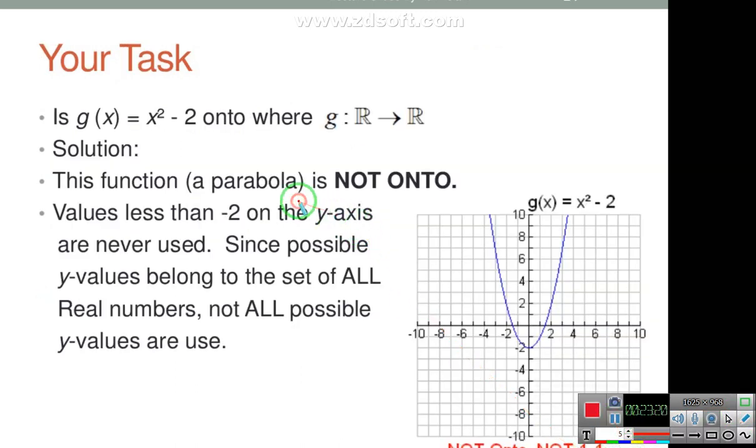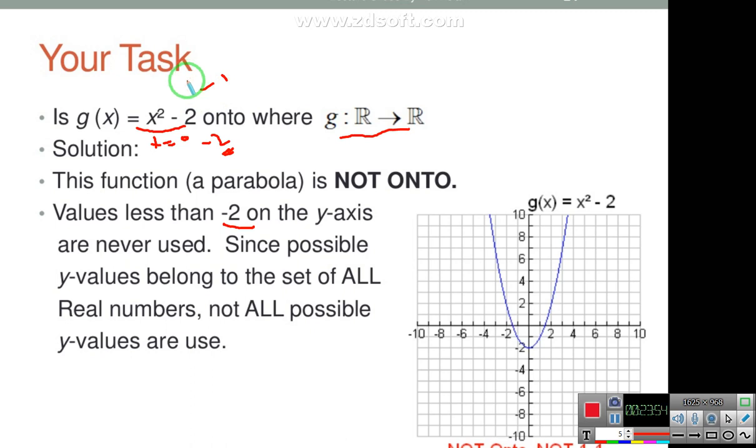So another example, x squared minus 2, like a parabolic function, for all real numbers. This function is not onto, values less than -2 on the y-axis are never used. What does it mean? If you use x is equal to 0, your output will be -2. So up to -2 it's fine, but when you put 1, 1 minus 2 will be -1.